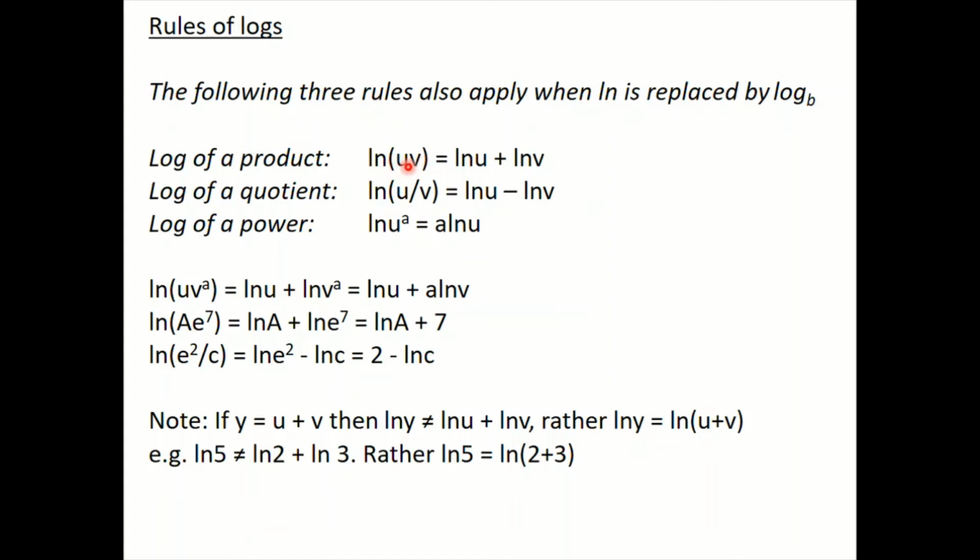We can separate these out, and we end up with the natural log of u plus the natural log of v. Log of a quotient, where we've got the natural log of u divided by v. Here it would be the natural log of u minus the natural log of v.